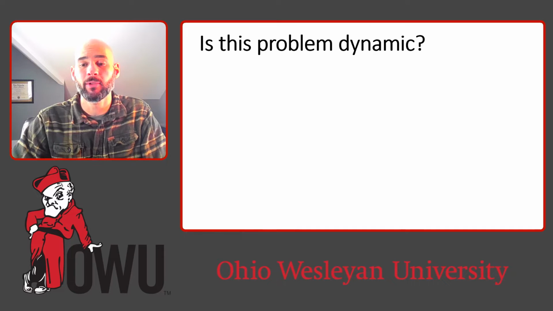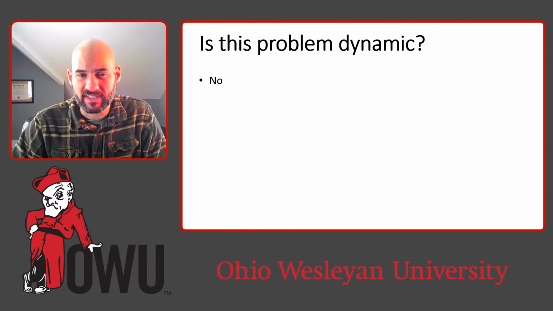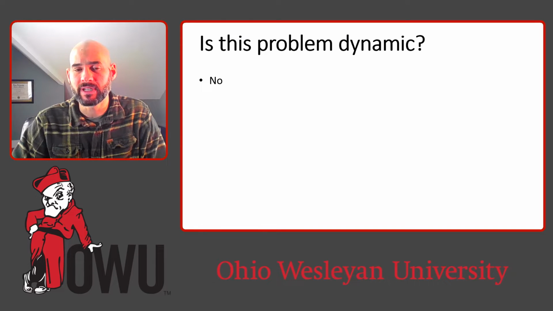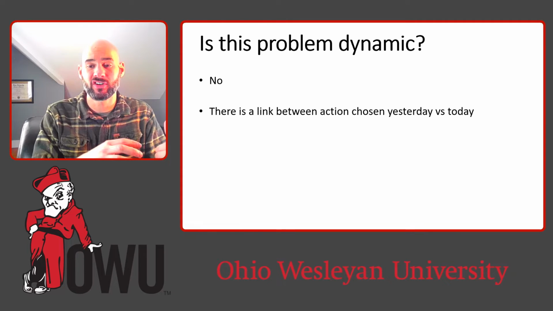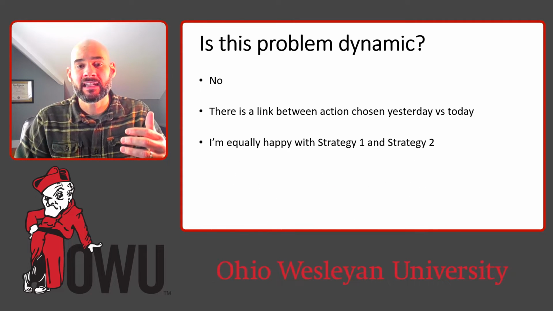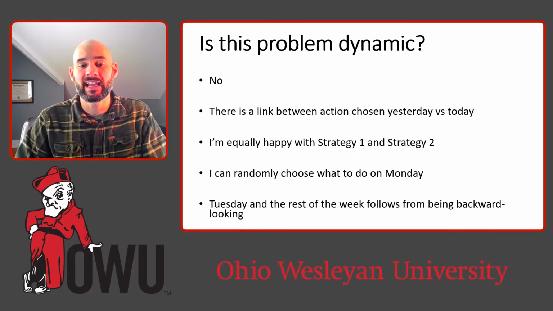is the problem dynamic? And so this problem is not dynamic, even though there seems to be a connection between the decisions which we make at any given point in time. However, while there is a link between the actions chosen yesterday and today, since you are equally happy with strategy 1 and 2, you can randomly choose what to do on Monday, and then Tuesday and the rest of the week is just going to be backward looking and not forward looking.